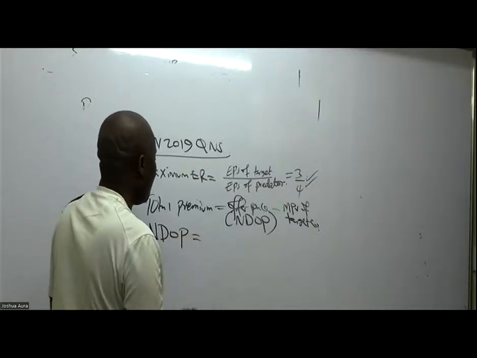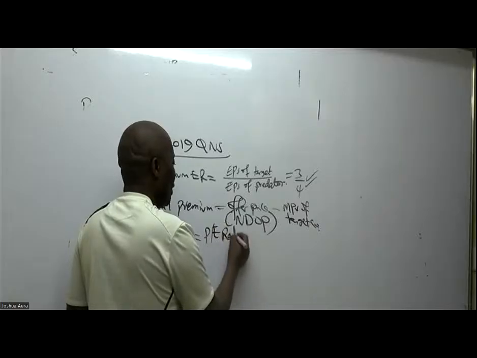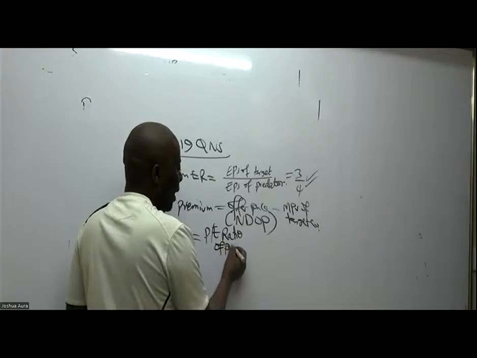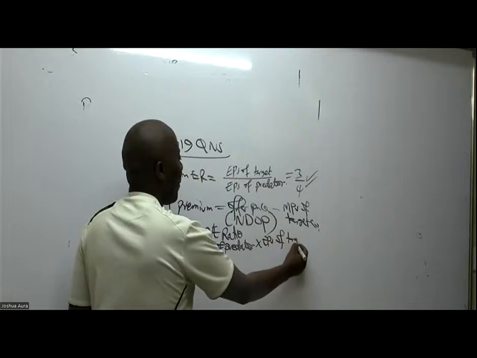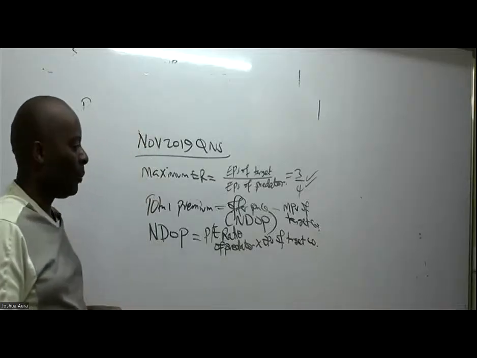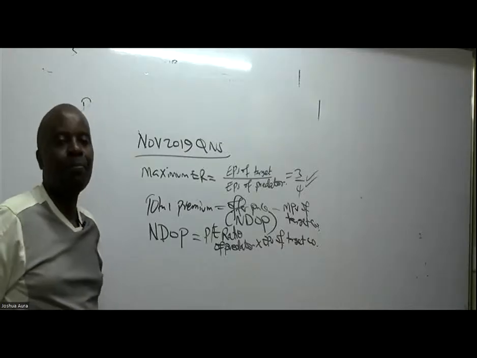To get the non-diluting offer price, we take the PE ratio of predator times EPS of the targeted company.